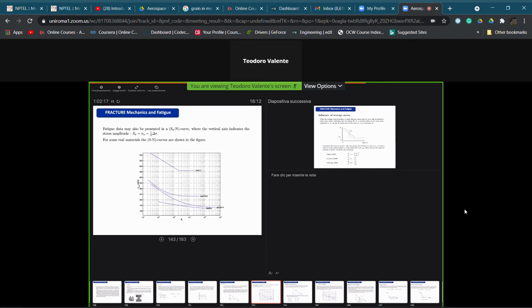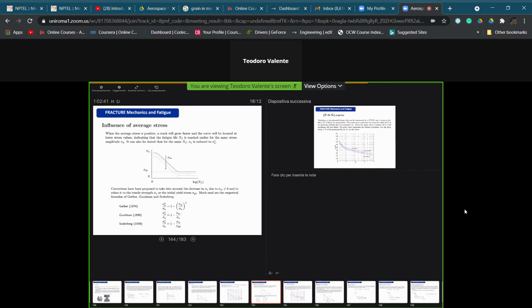You see here aluminium 2024 with a thermal treatment T4 does not have, like steel, a fatigue limit, but it always has a defined fatigue life.